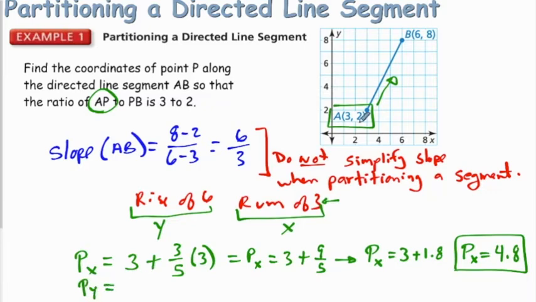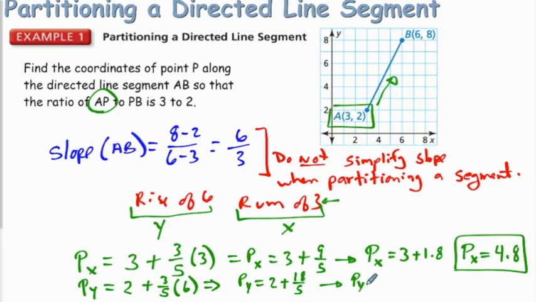The y-coordinate of A starts at 2, and we want to move 3/5 of the rise, but now the rise is 6. And this gives us a P with a y-coordinate equal to 2 plus 18 over 5.